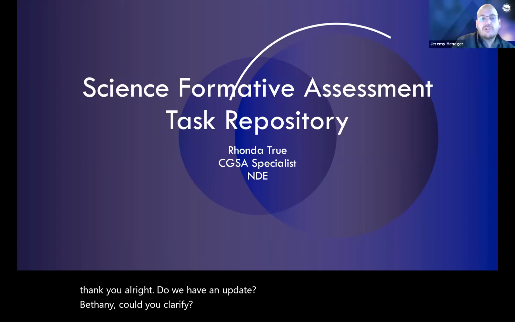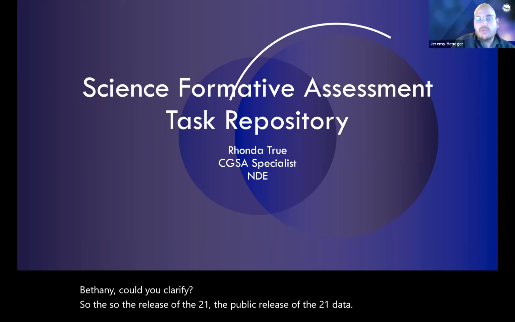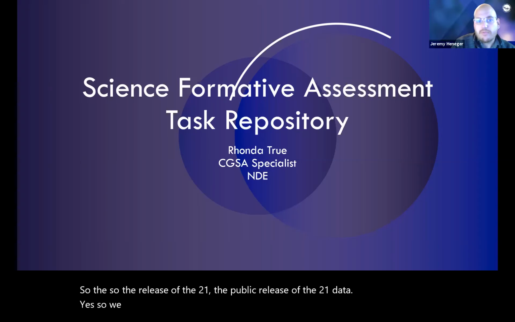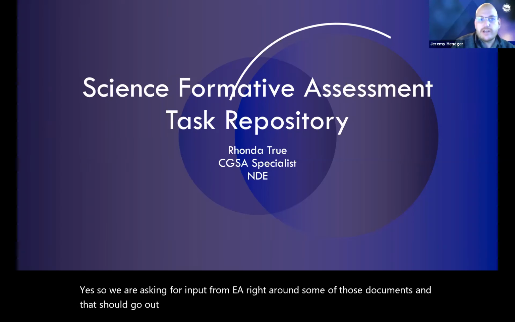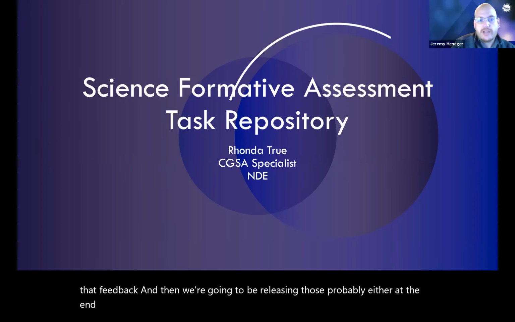The public release of the 21 data, or a preview of what it's going to be? Yes, so we are asking for input from AAA around some of those documents, and that should go out as soon as we're done here. Then we're getting that feedback, and we're going to be releasing those probably either at the end of the week or next week.